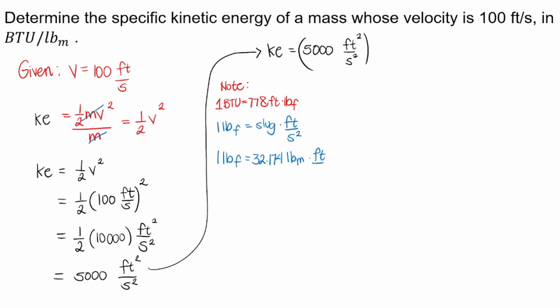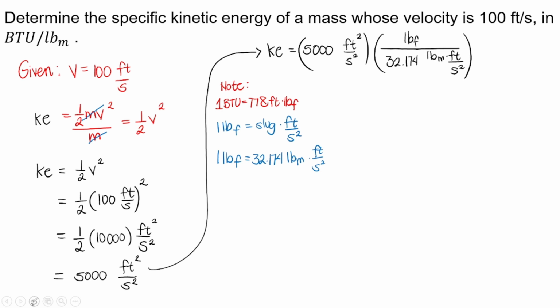So we can use this factor. Multiplying this by this factor, we have 1 pound force over 32.174. This is the same as the gravitational acceleration in the English units. So 1 pound force is equal to 32.174 pound mass feet per second squared.